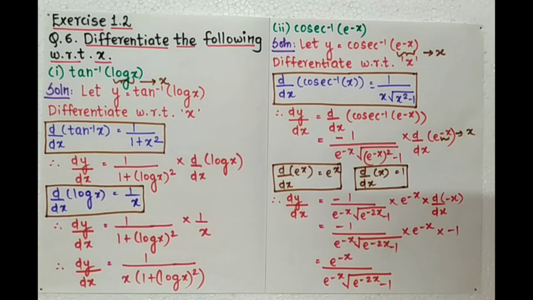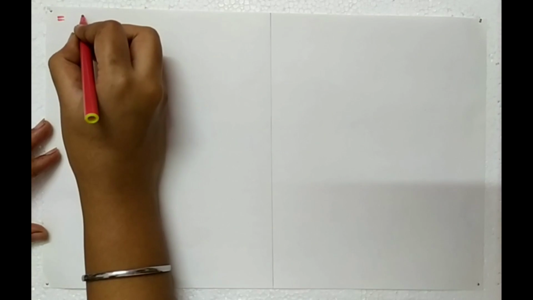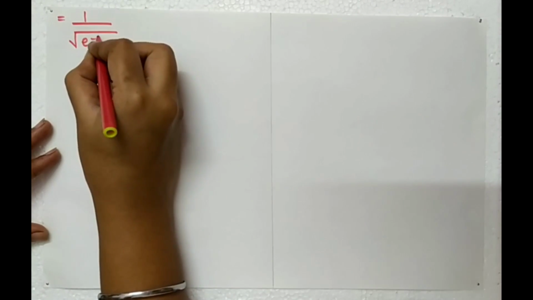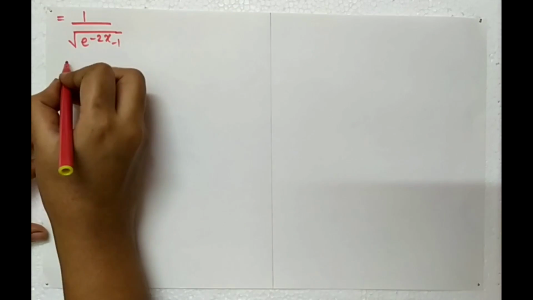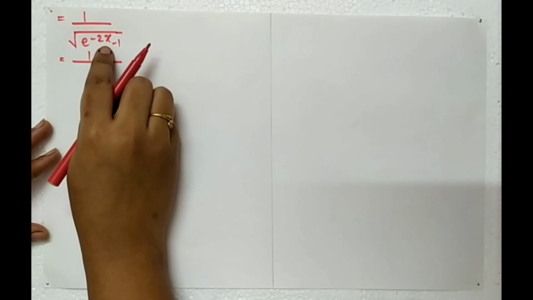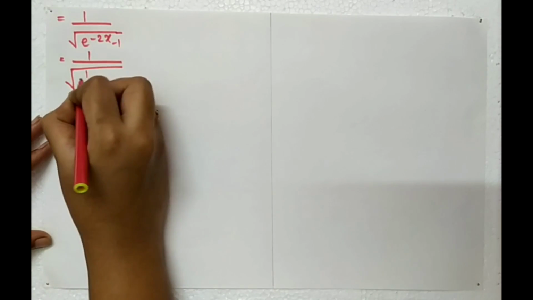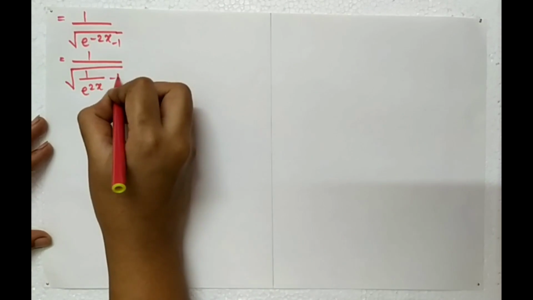So now here you can see that e power minus x and e power minus x get cancelled and we are left with 1 upon root of e power minus 2x minus 1. This can be further simplified. See here, this e power minus 2x can be written as 1 upon e power 2x. So this is 1 upon root of 1 upon e power 2x minus 1.